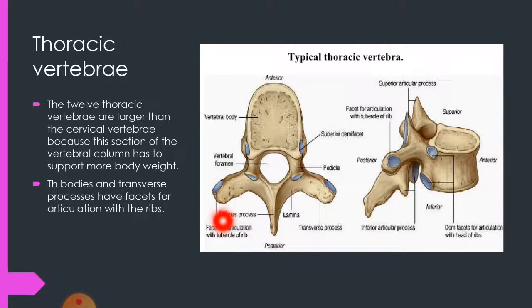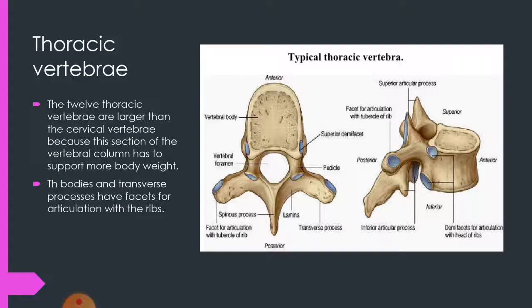Just like the cervical vertebrae had transverse foramen for the passage of the vertebral artery, the thoracic vertebrae contain articular facets for the tubercle of the rib, and that is their distinct feature. The body of the thoracic vertebra is larger compared to the cervical vertebra, and the body and transverse processes have articular facets for the tubercle of the rib, which you can appreciate here.